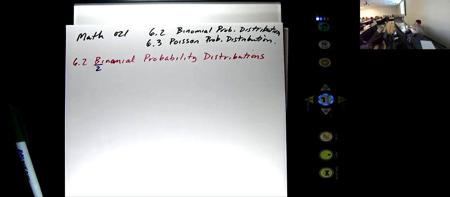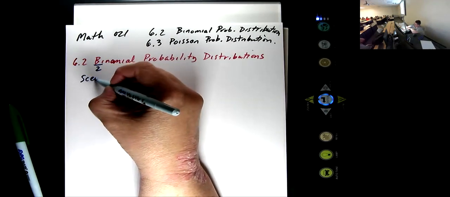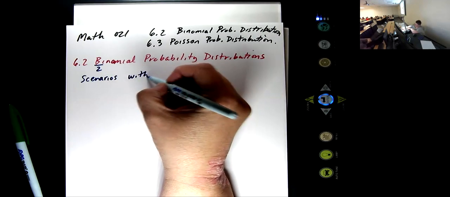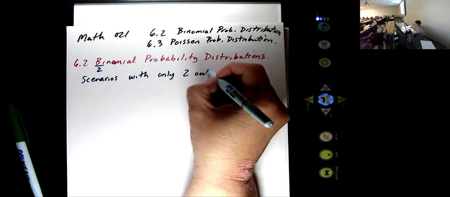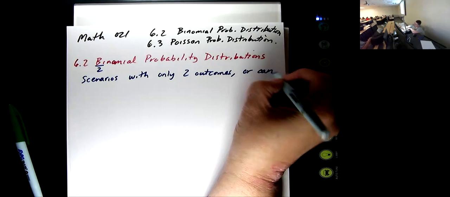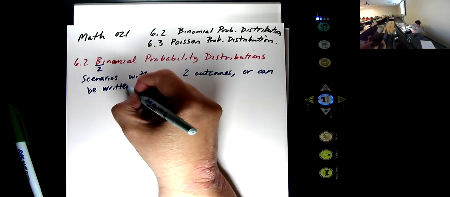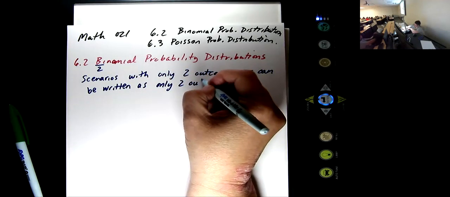So binomial distributions or binomial probabilities are scenarios with only two outcomes, or can be written as only two outcomes, even if there's a lot more.